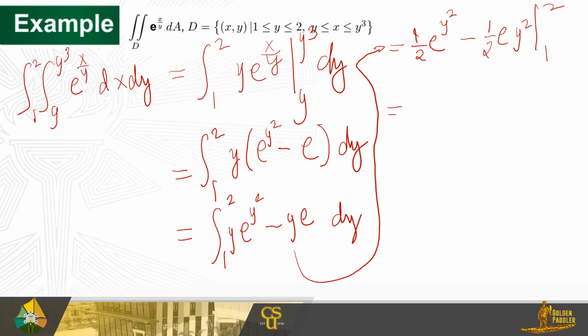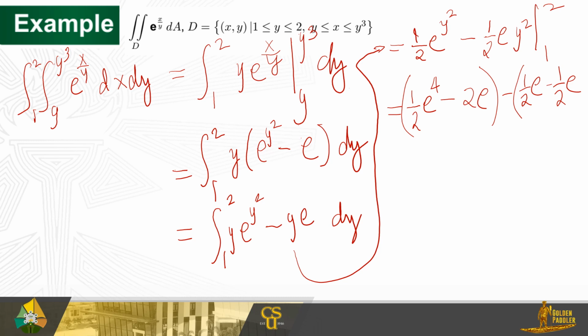So start natin sa 2 na value ng y. So magiging 1/2 e to the power of 4, kasi yung 2 square is 4, minus 1/2 times 2 square is 4, so 4 over 2, that is 2. So we have 2e. Then minus yung 1 na value ng y, so magiging 1/2 e minus 1/2 e.